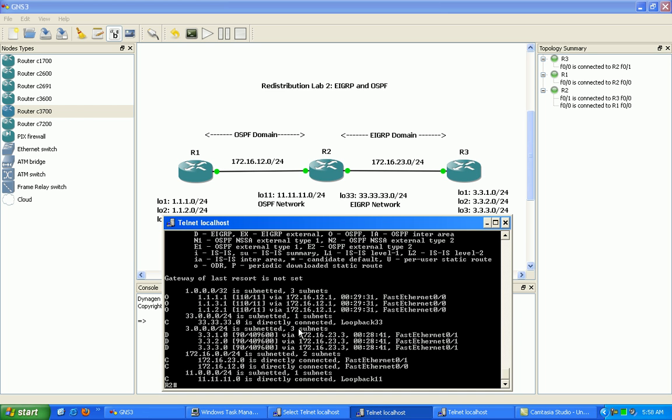So let's go into router 2, and we will finish off this lab by going into router 2, and we will now redistribute the connected interface, into the EIGRP domain, and that's loopback 33.